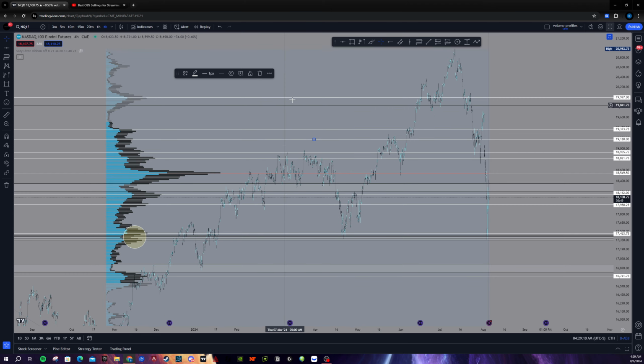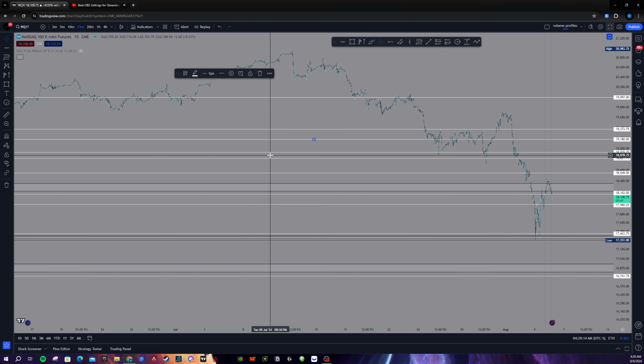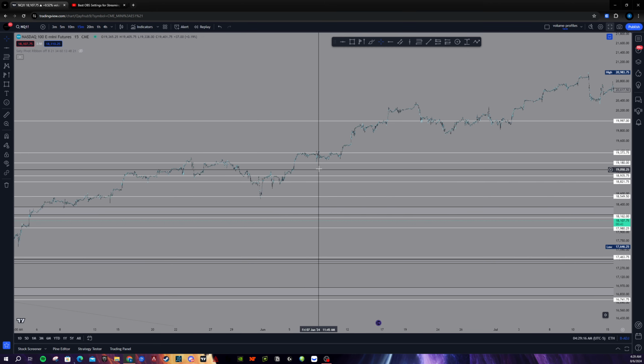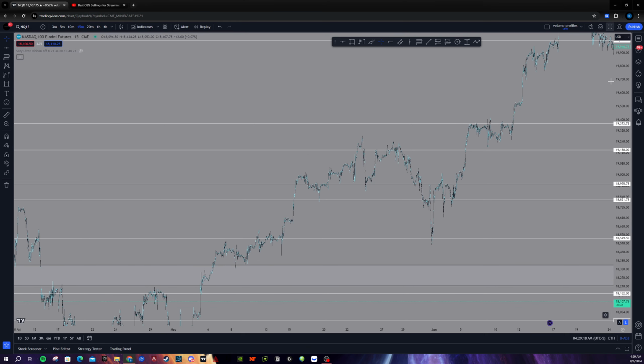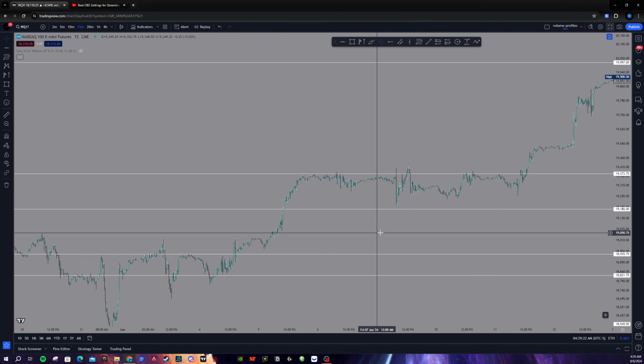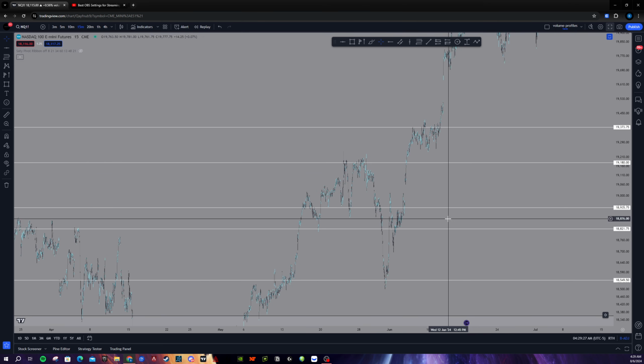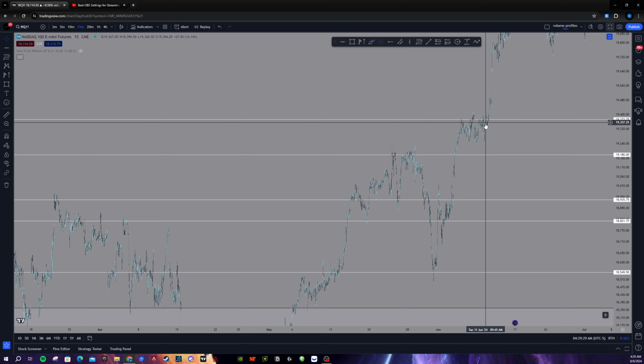Sometimes, when we are super flat, let me turn on regular trading hours. You can see a lot of these levels are price magnets where we are just chopping.